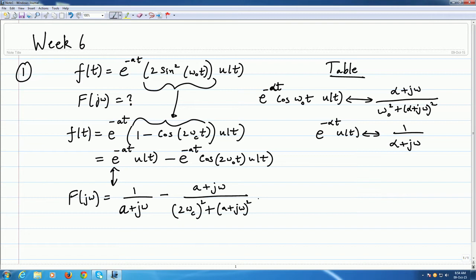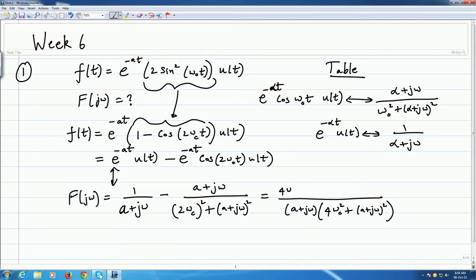So, now, okay, maybe you want to combine these two things, simplify these guys a little bit. You will have here a plus j omega times 4 omega c squared plus a plus j omega whole squared. Okay, what will come in the numerator?